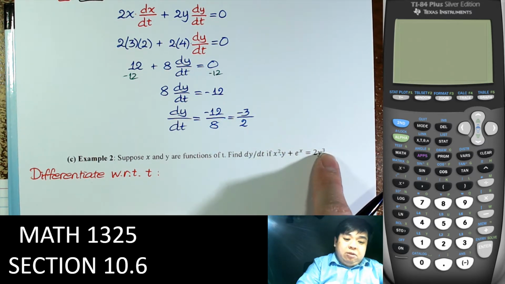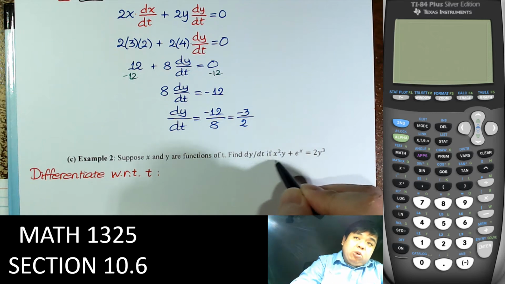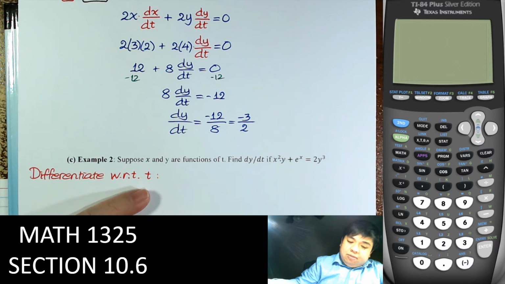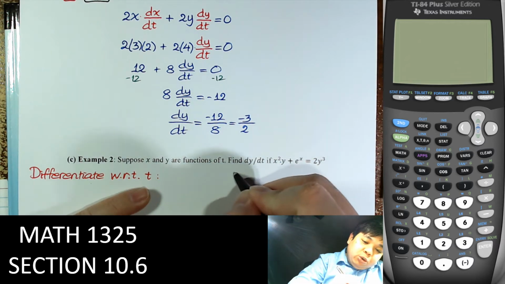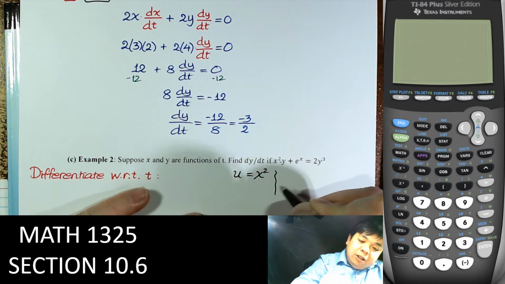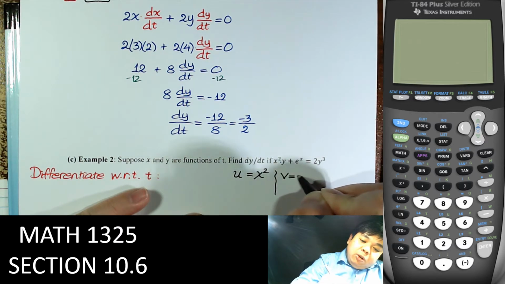The derivative of e to the x should be easy, right? But first, we have a product rule here. Once again, we have a function of t times a function of t. So for the product rule, u equals x squared, v equals y.